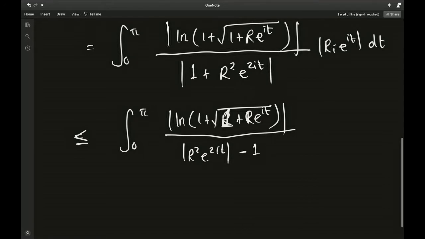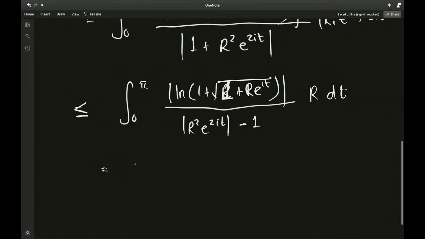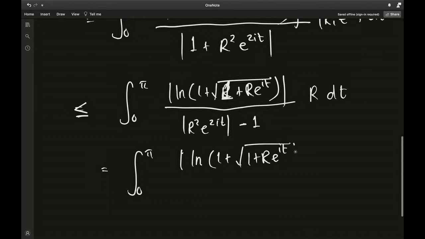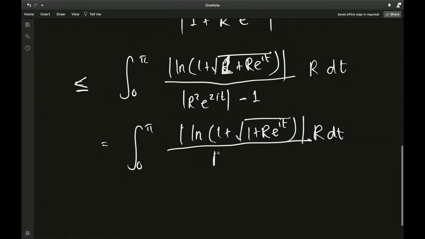The mod of r i e to the it is just r dt. This is now the integral from 0 to pi of the mod of natural log of 1 plus square root of 1 plus r e to the it, r dt divided by r squared minus 1, because the mod of this will just be r squared.